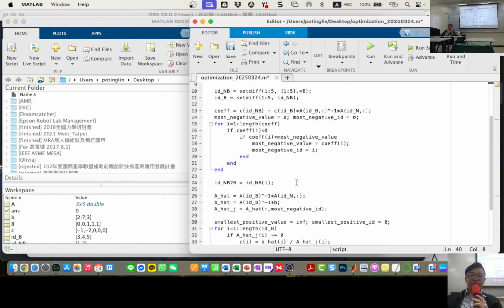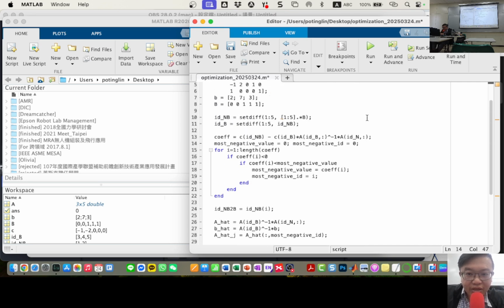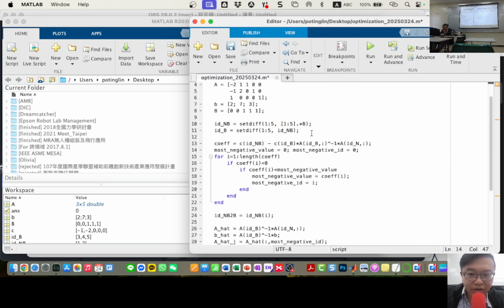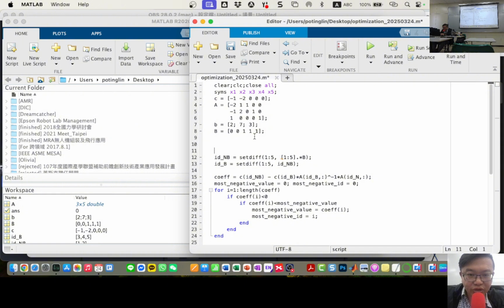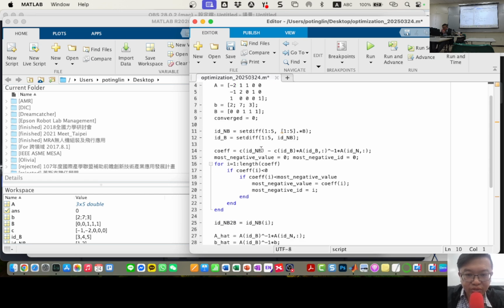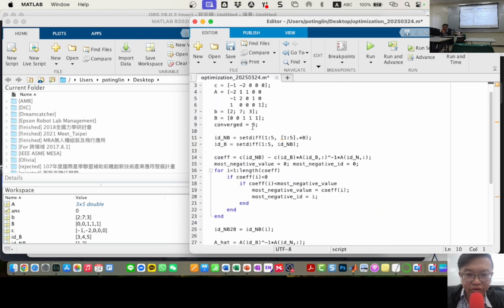Oh, I forgot about if we cannot find the most negative value. So right here, initially, I need a flag. It's called converged. Convergence check. It was 0. So I do all these, and when do we convert it to 1? If the most negative value remains 0.